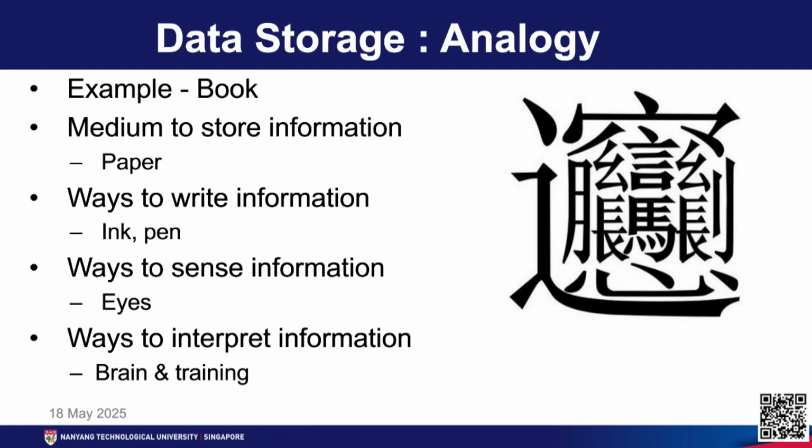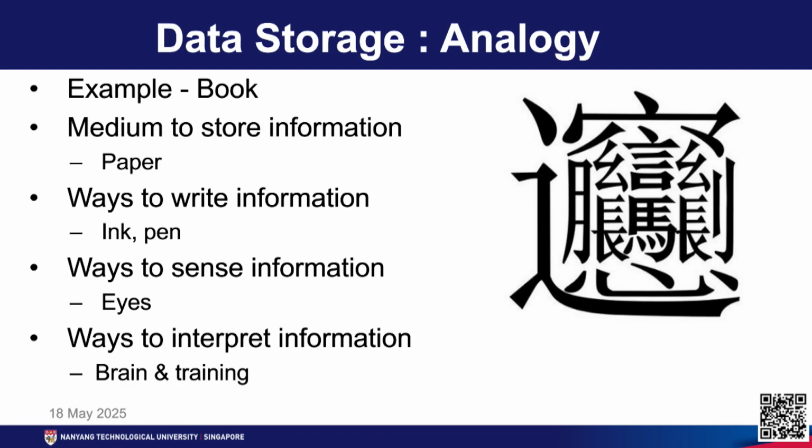When you talk about a data storage system, we are talking about having a medium to store information, some ways to write information, some ways to sense information, and some ways to interpret the information. You have a data storage device, you have a computer.